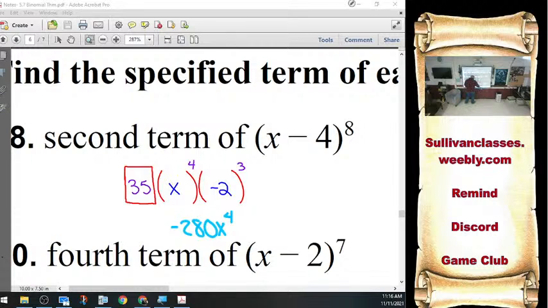In fact, that's usually what I do on my quizzes. Instead of having you expand the entire thing, I have you find just this specific term. Because you still have to know what's going on to find it. It just cuts down on the amount of work.